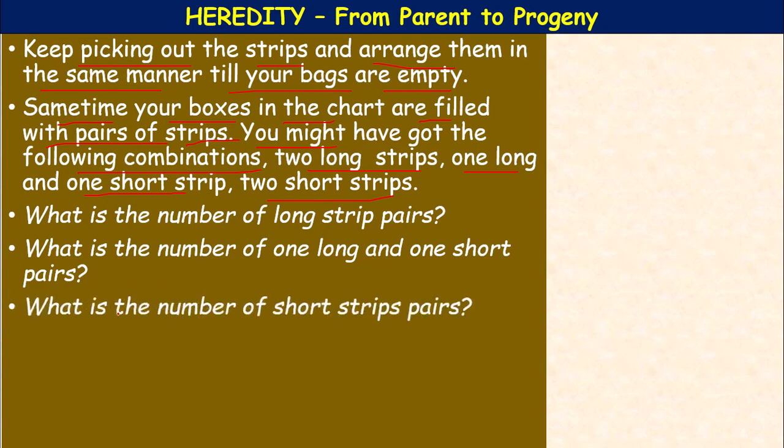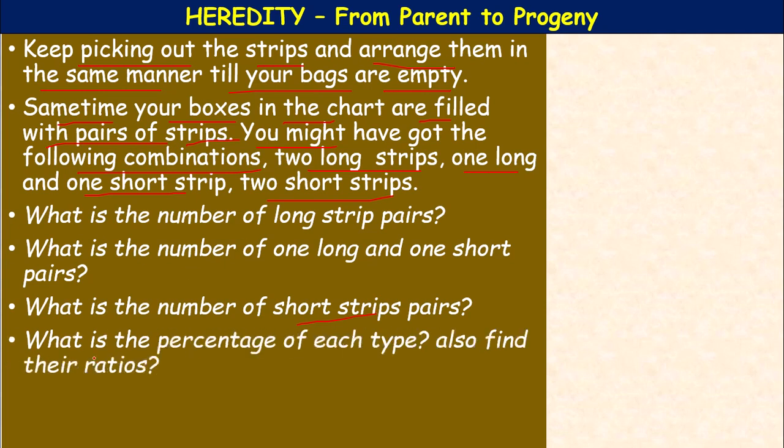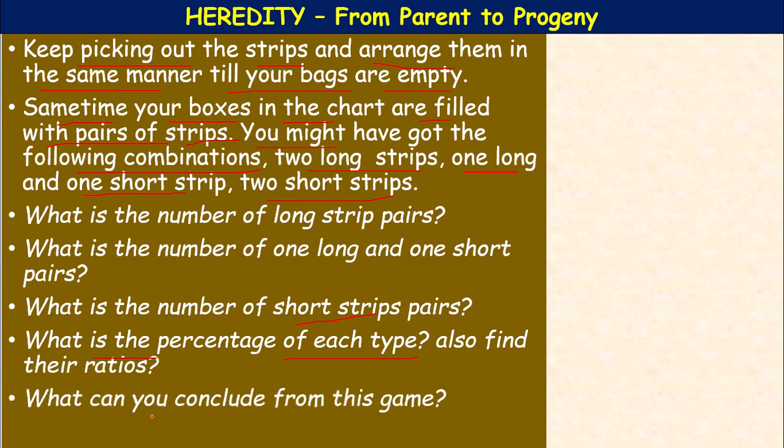What is the number of 2 short strip pairs? You have to find out the percentage of each type, and also find their ratios. According to the law of dominance, you will get a 3:1 ratio.